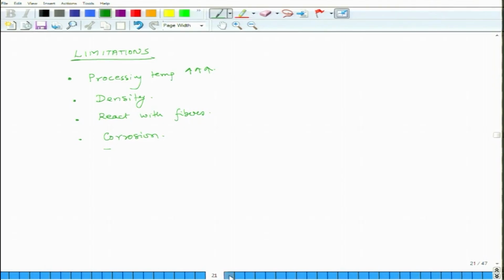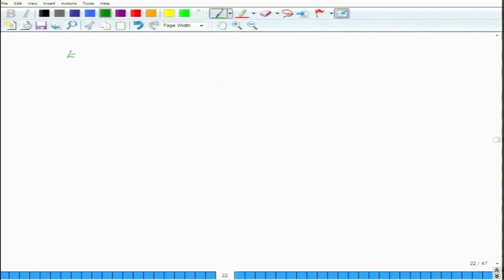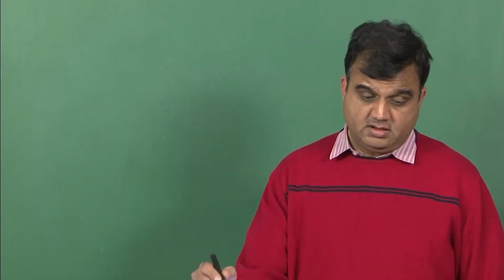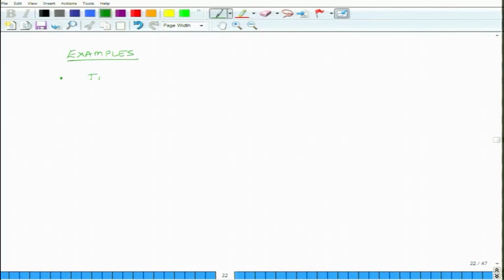Now let us look at some examples for the next 5-10 minutes. So some of the most common materials which we use as matrices are based on titanium, or they are based on aluminum or aluminium.